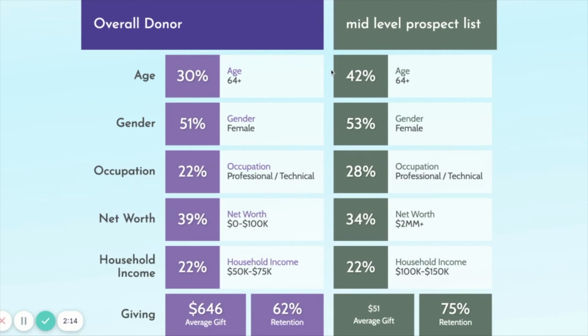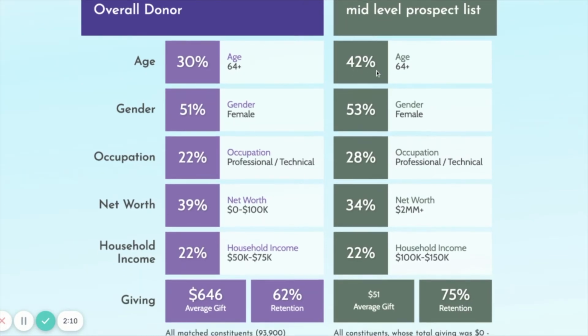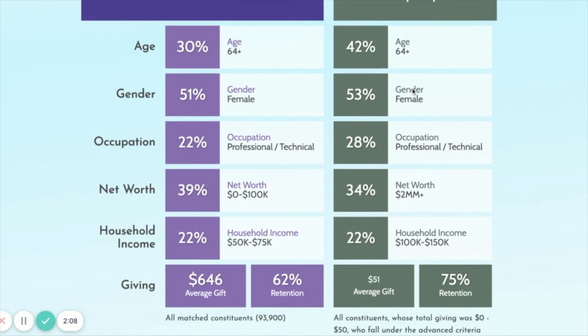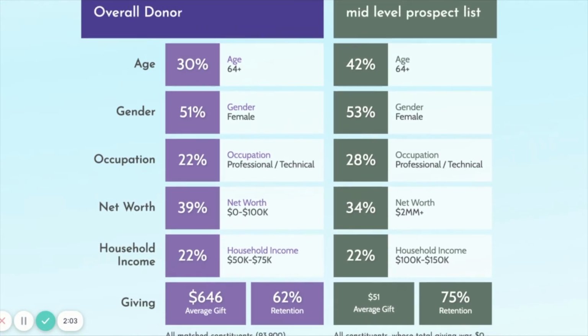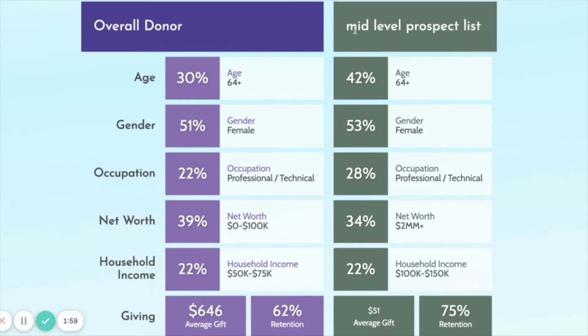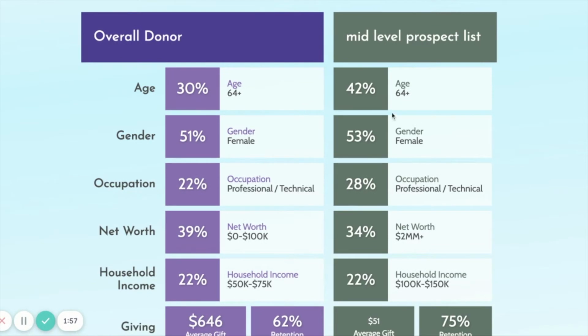I can compare these against my overall donors, as well as see what the breakdown of these different groups looks like. What's really valuable here is not only can you do this comparison and look at them individually, you can also grab a screenshot if you wanted to throw this into a deck.